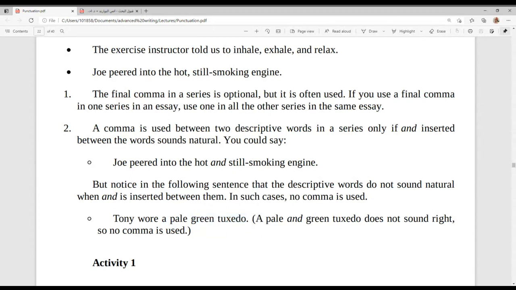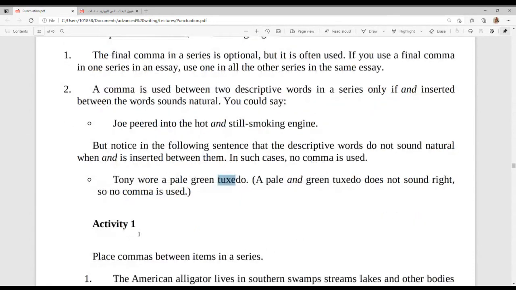Pale green tuxedo. Adjective, adjective, noun. We do not use and here because it doesn't sound natural. Pale and green tuxedo doesn't sound right, so no comma is used.